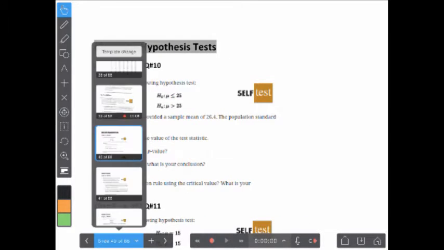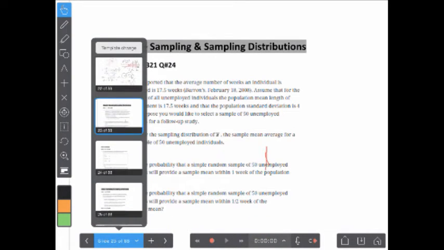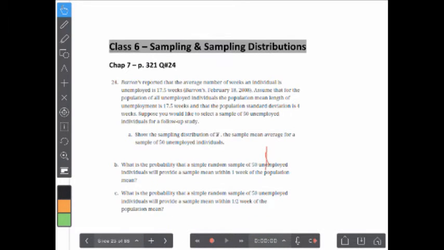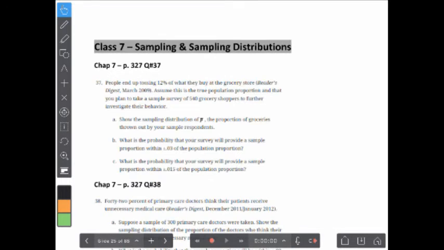It's chapter 9. Chapter 7, question 24. So it must be coming up here now. Let's see. 25, 37. There we go. All right, so I need to put on my glasses. I should, shouldn't I? Okay.